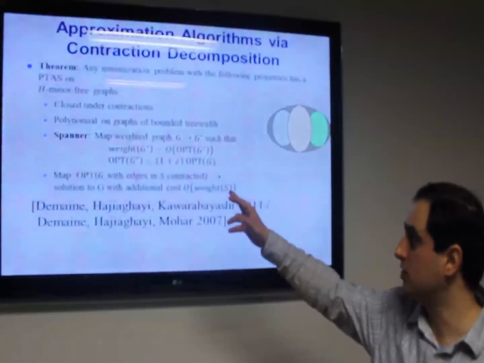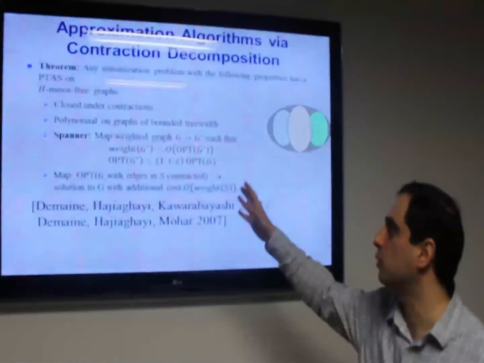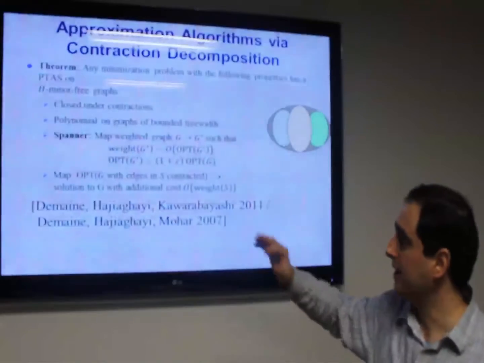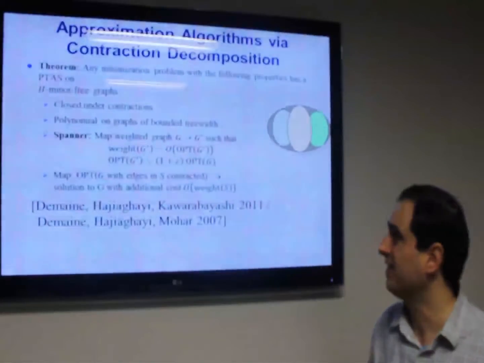So the weight of G prime should be somehow proportional to the optimum of G prime. And at the same time, the optimum of G prime and the optimum of G should be very close to each other. This is called a spanner.